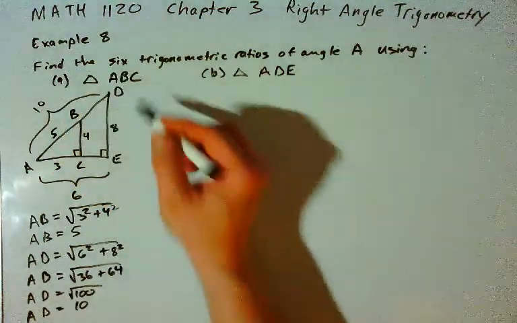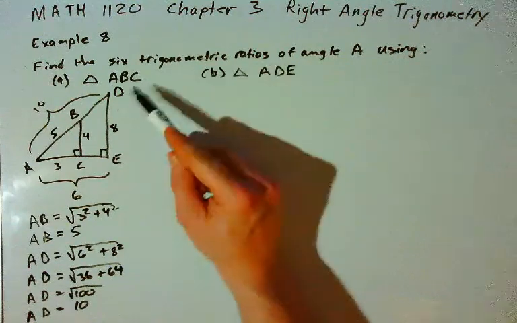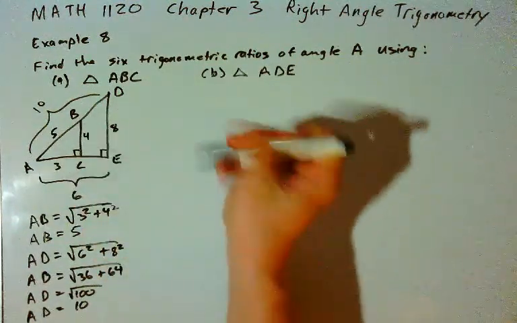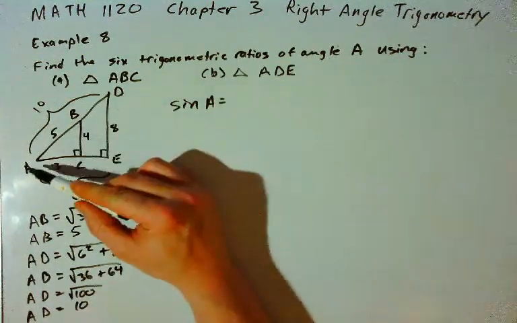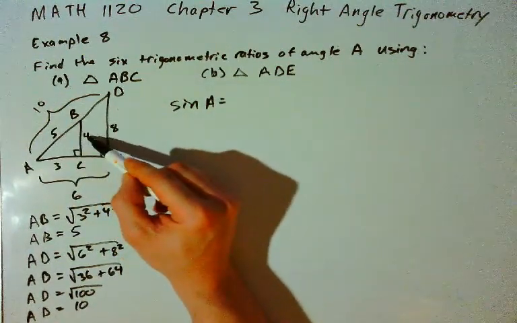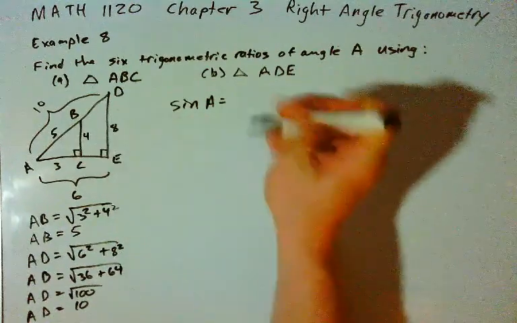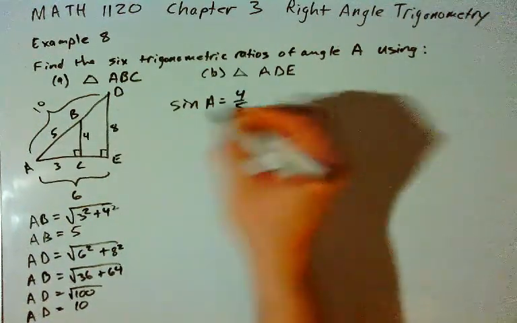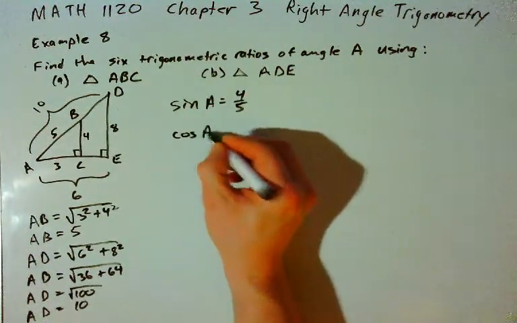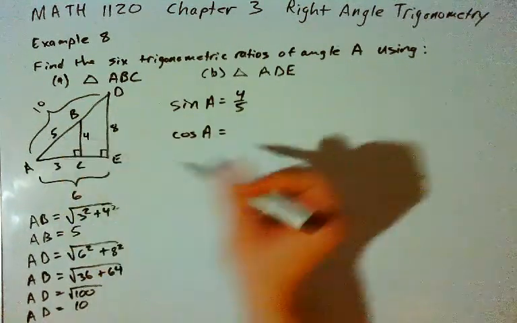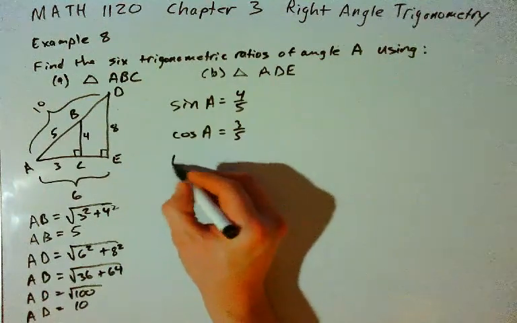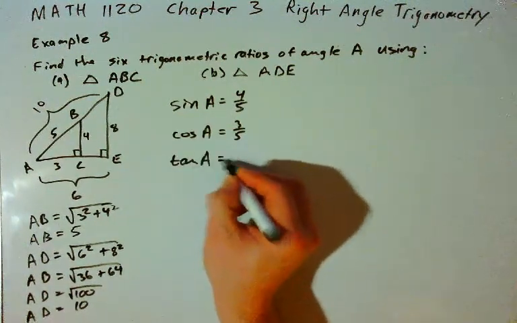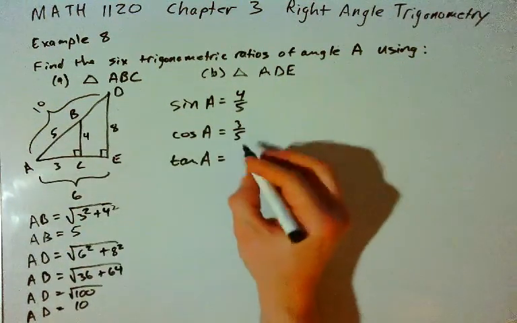We're going to find the 6 trigonometric ratios first using the smaller triangle. The sine of A, which is the opposite over the hypotenuse, is going to be 4/5. The cosine of A is the adjacent over the hypotenuse, that would be 3/5. The tangent of A would be the opposite over the adjacent, which is 4/3.